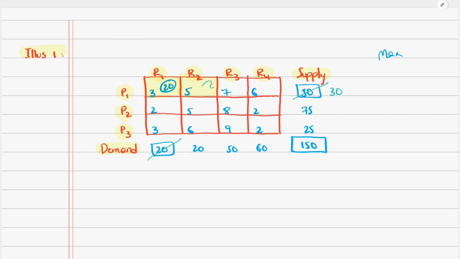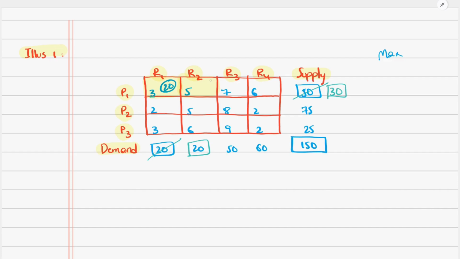Now let's see, the corresponding demand for R2 is 20 units and the corresponding supply of P1 is 30 units. See, I selected this cell. So P1 and R2. I hope you are getting my point. So I am selecting the corresponding demand of R2 and the corresponding supply of P1.